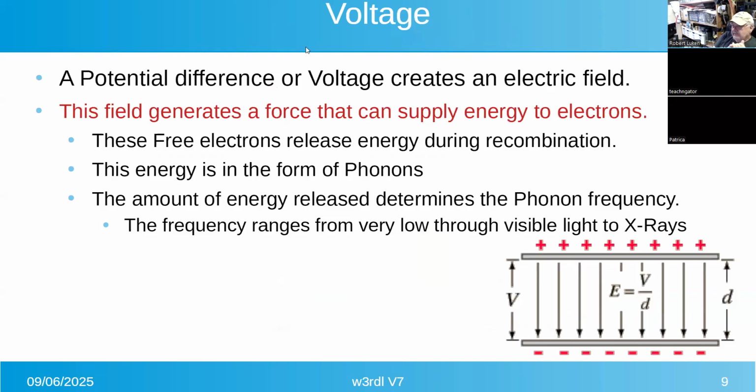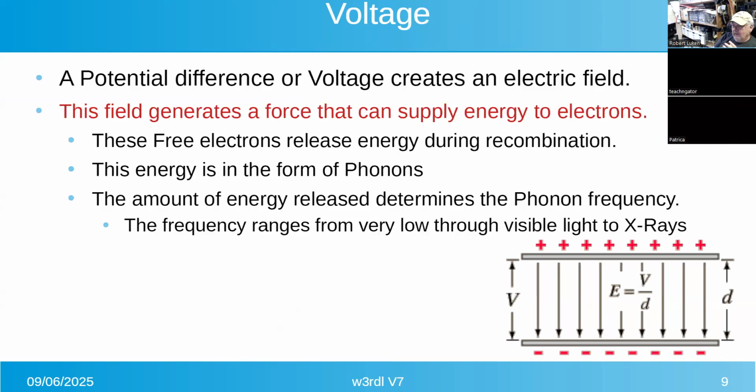So the potential difference is due to the difference in charge between positive and negative charges, which creates an electric field. And that electric field is what generates the force or energy to energize those electrons and make what we call free electrons. And that's a key thing: a free electron is what allows current to flow.